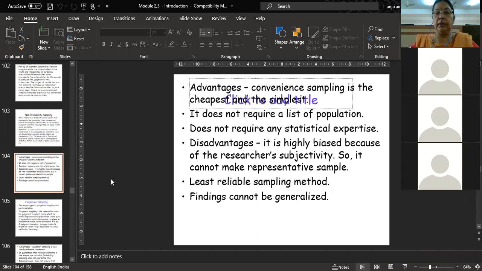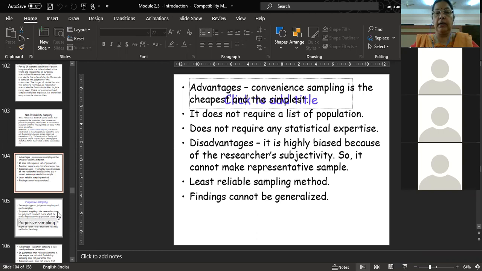The sample will be the least reliable sample, and whatever findings he has got from studying that sample cannot be generalized to the rest of the population. It cannot be applied to the rest of the population, whatever results he got.